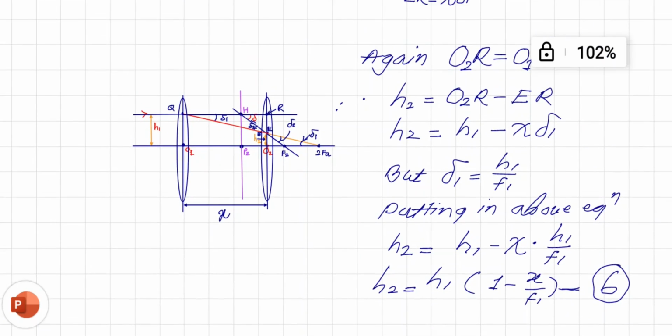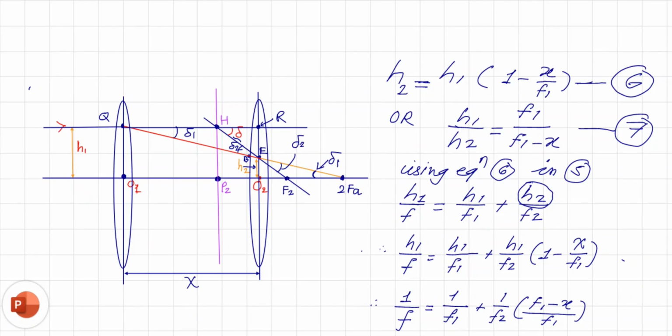So from this equation we get H2 is equal to H1 into 1 minus x upon f1. This is the relation of h1 and h2 in terms of x and f1. We can also write h1 upon h2 is equal to f1 upon f1 minus x.